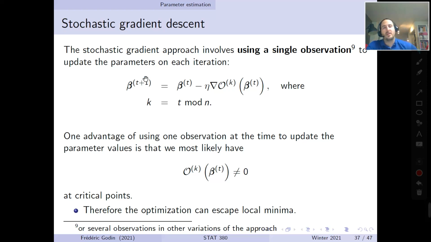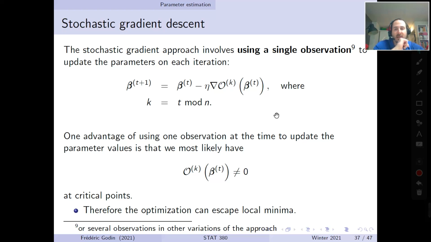Okay, so the parameter estimates at iteration t plus 1 are the previous parameters, where we take a step in the opposite direction, not of the entire gradient, but only in the direction of the component of the gradient associated with a single observation k, where we take k as t mod n.